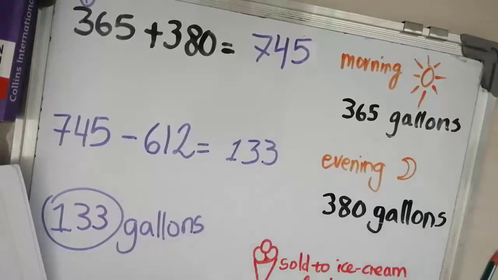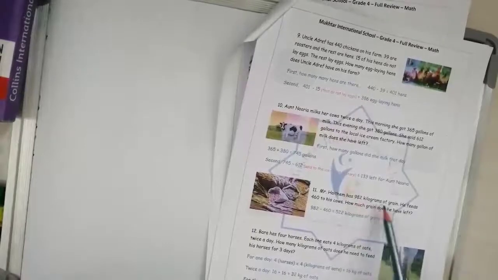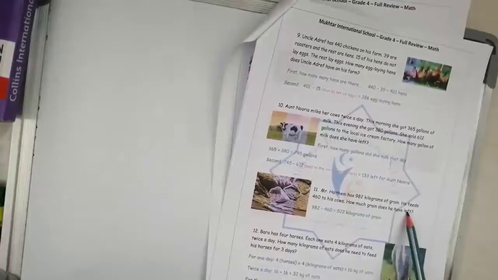All right, now moving on to question number 11. Mr. Haytham has 982 kilograms of grain. He feeds 460 to his cows. How much grain does he have left? This question is only a one-step problem.